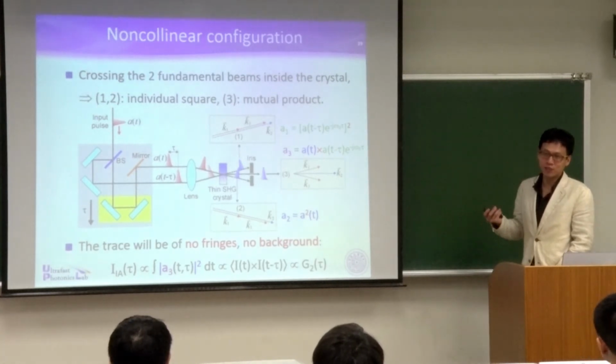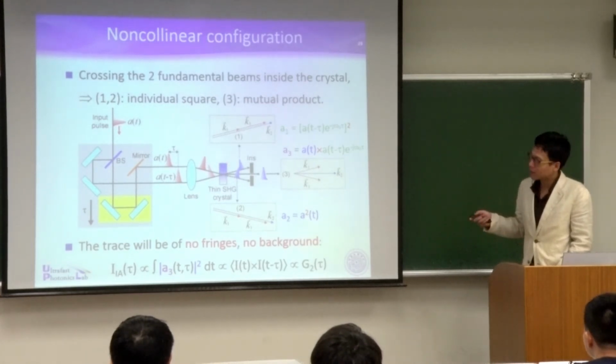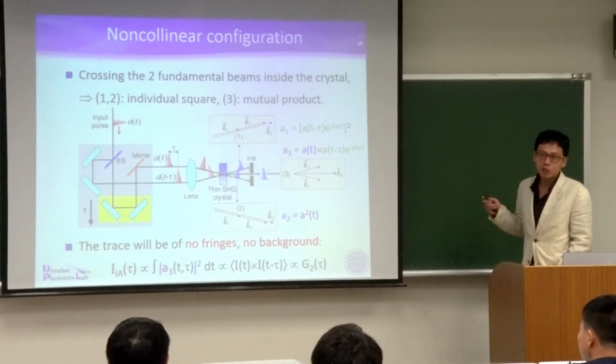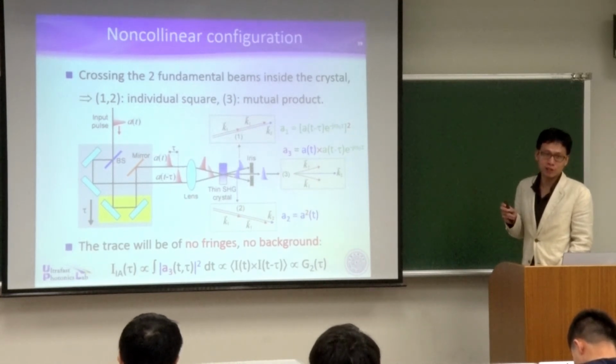Photodetector is relatively cheap, so you earn something by this replacement. And beyond that, after SHG, you need a slow point detector to measure the second harmonic energy as a function of delay, right?